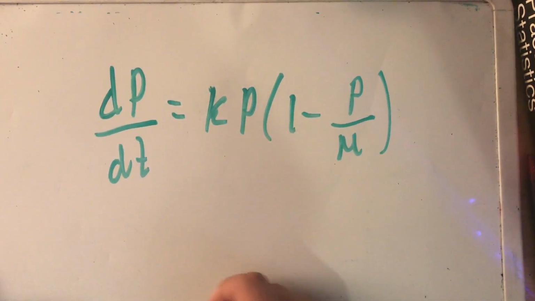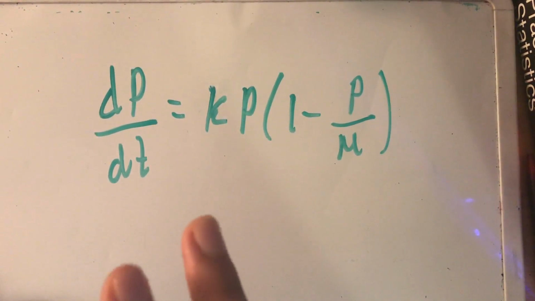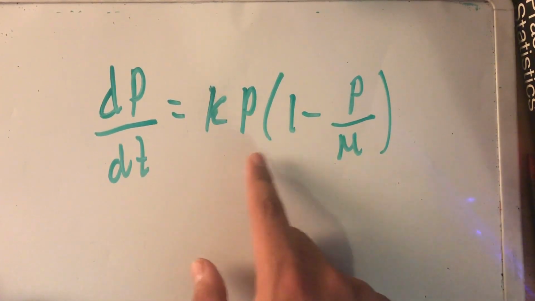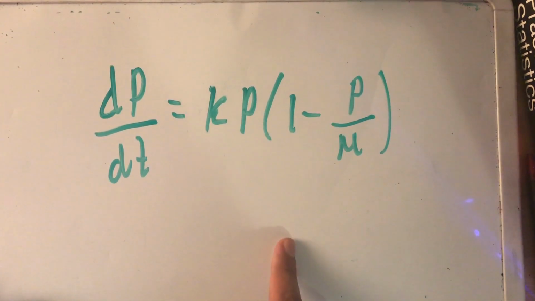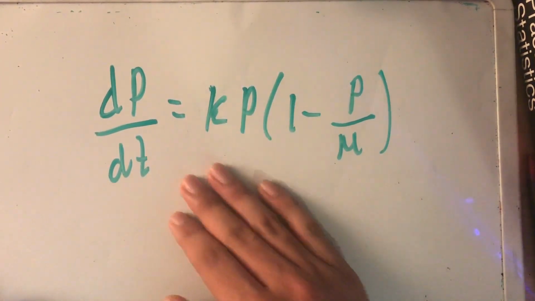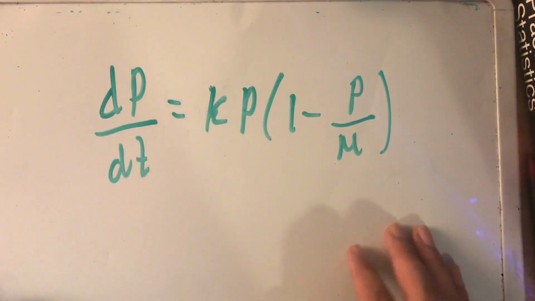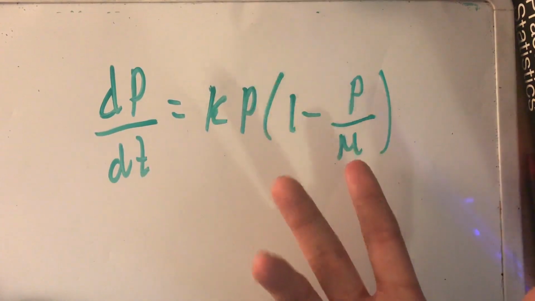They'll ask you a lot of questions about these, but the most common ones are about this value here. If they ask what the carrying capacity of this population is, and give you this entire equation, it's just whatever value is under the P. That's pretty simple.